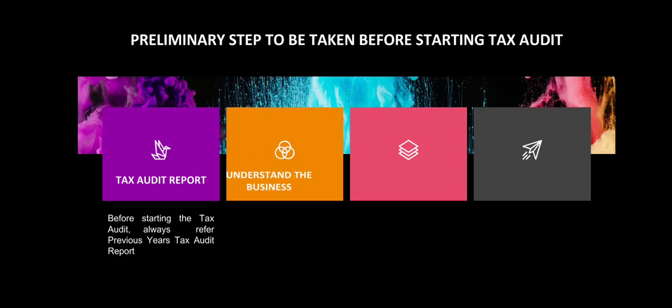Further, understand the business. Understanding the business means knowing what the major sources of generating revenue for the organization are, what the major products are that the company is dealing with, which industry it belongs to, what the main raw material is that they are consuming for the production of goods, if they are manufacturing, and what type of services they are giving, etc., which has to be understood from the perspective of the business.